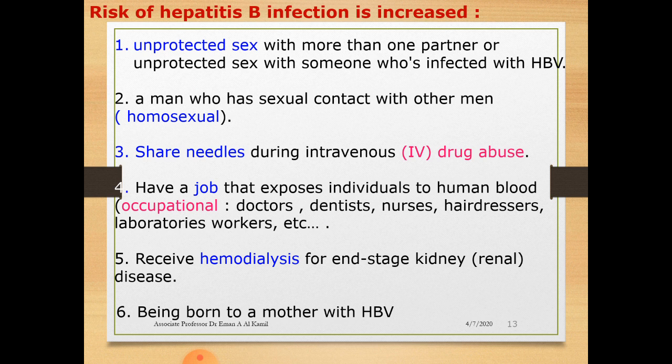The risk of hepatitis B infection is increased if the individual has unprotected sex with one or multiple partners who have the infection with hepatitis B virus, or among homosexual individuals, who are more likely to be at risk of having the infection, and also individuals who share needles during intravenous drug abuse.